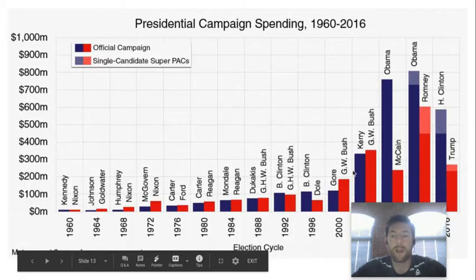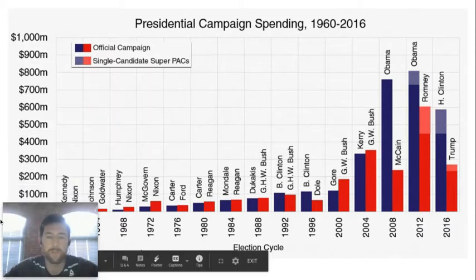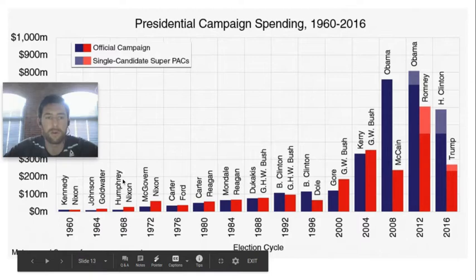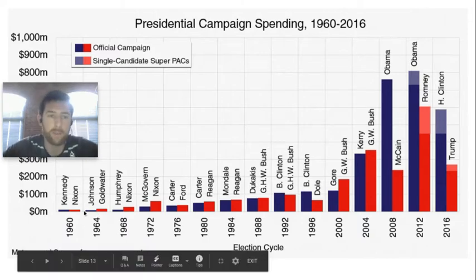To give you an example of the money that's spent in campaigns, starting in 1960 and going to 2016, the blue bars represent the Democratic presidential candidates, and the red bars represent the Republican presidential candidates.